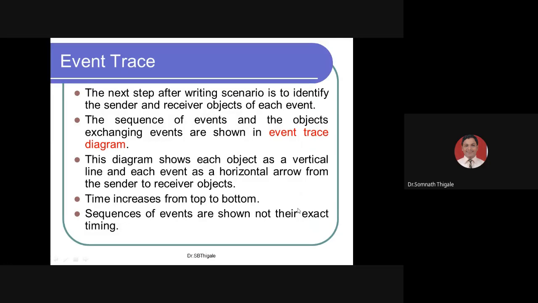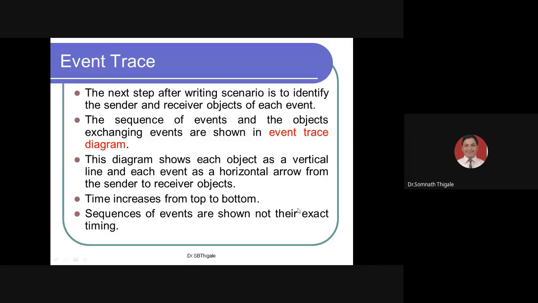Next part is the event trace. That part we have discussed also, but still I'll repeat it. The next step after writing the scenario is to identify the sender and receiver objects of each event. The sequence of events and the objects exchanging events are shown in an event trace diagram.